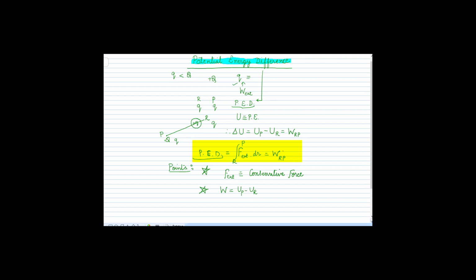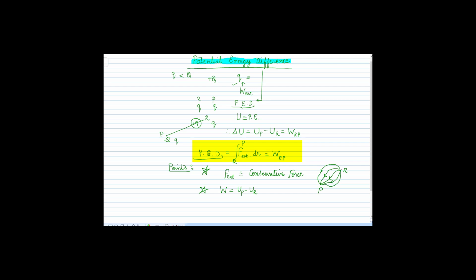So if we want to represent this as a conservative force, then we take the points. So if this is our point R and this is our point P, and we are bringing this charge by doing some work from point R to point P. So this is the path 1 we have chosen, or maybe we can take this path, we can call this as path 2, or we can take this path, this may be called as path 3, or this may be through this path, maybe path 4 or path 5.